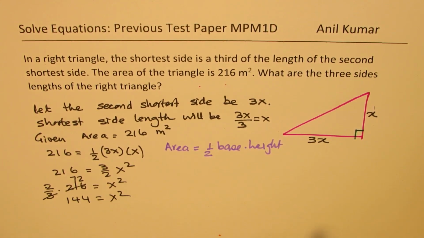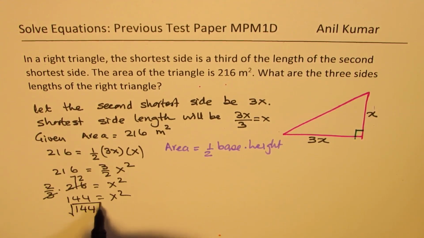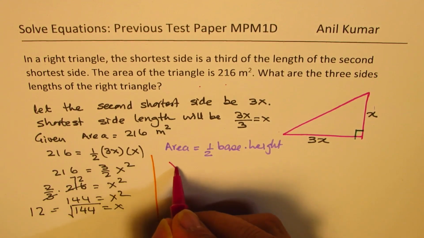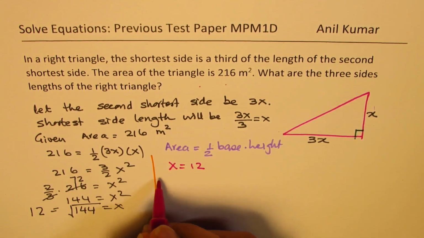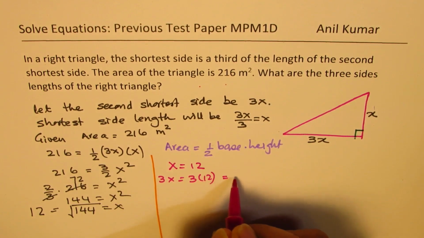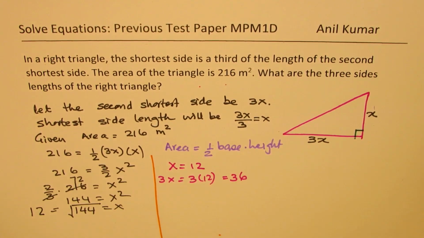So the square root of 144 is equal to x, and this is 12, right? So we get the value of x as 12. So 3 times x will be 3 times 12, which is equal to 36.